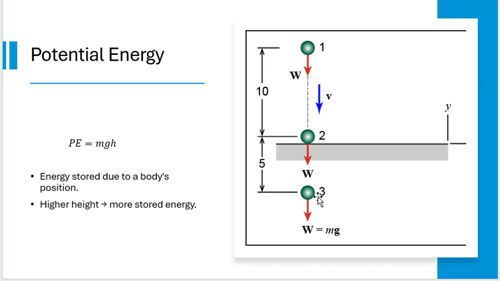If you look at the balls here, from here to here is 5 units height, and that is 10 units height. In order for the environment to hold this thing right there, you have to put that amount of energy by the environment to hold the ball at that position.